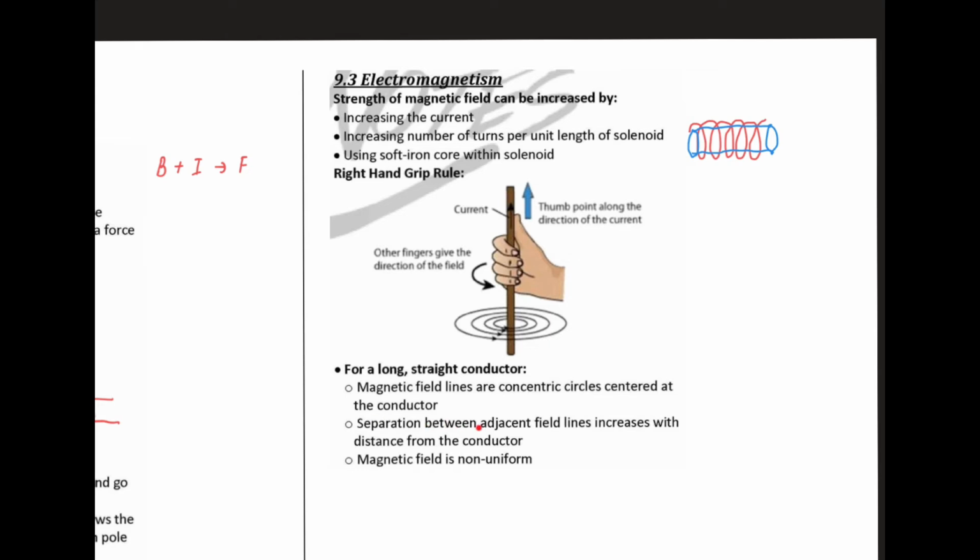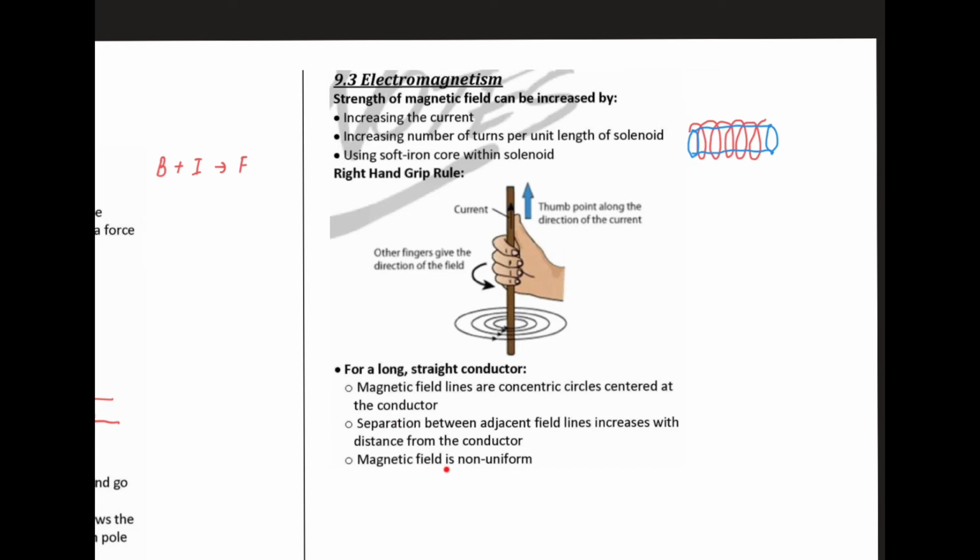The separation between adjacent field lines increases with distance from the conductor. As you can see, initially they are nearer, then the distance gets greater and greater.